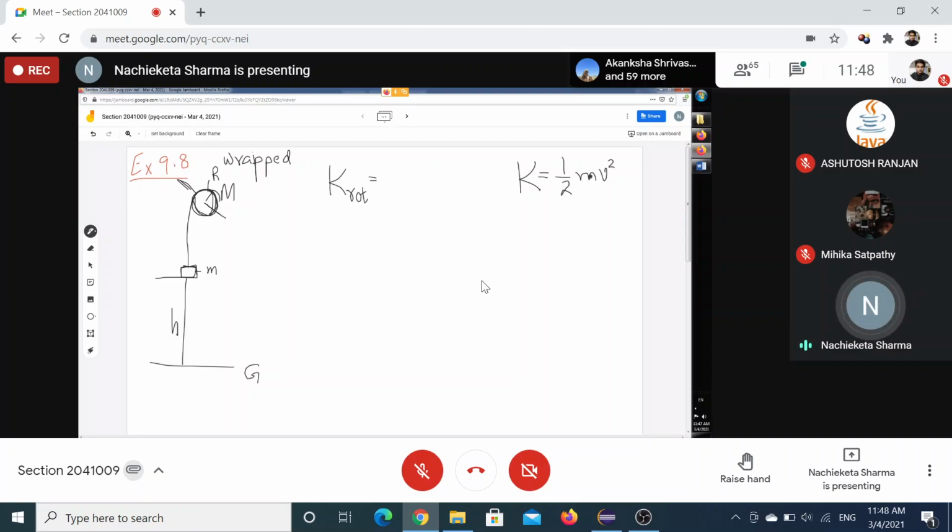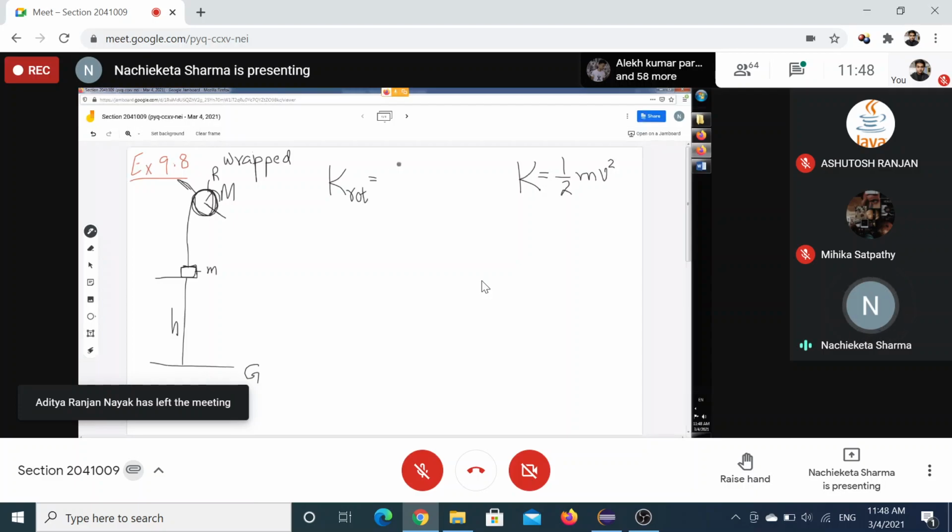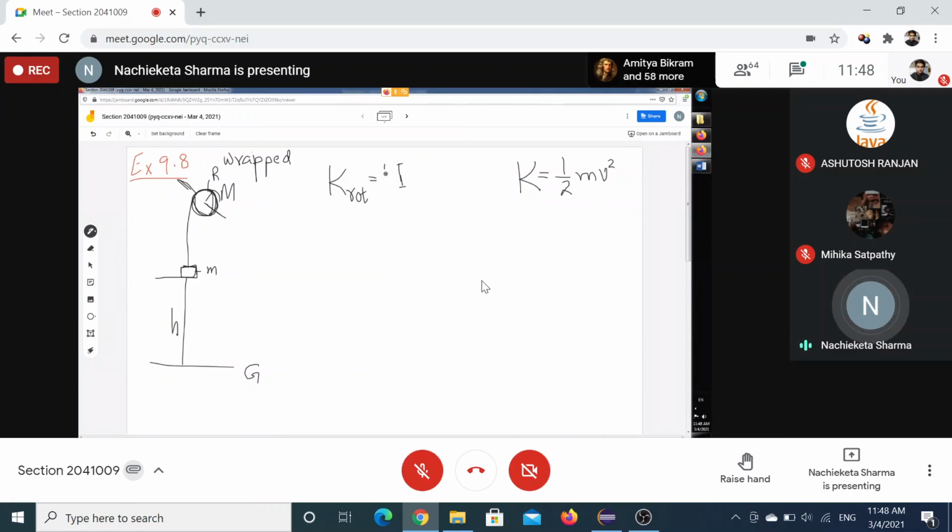Similarly, the equivalent of mass is called moment of inertia, represented by a capital I, and the equation is almost the same: half I omega square. Omega is its angular speed, and I is the moment of inertia, which is the rotational equivalent of mass.